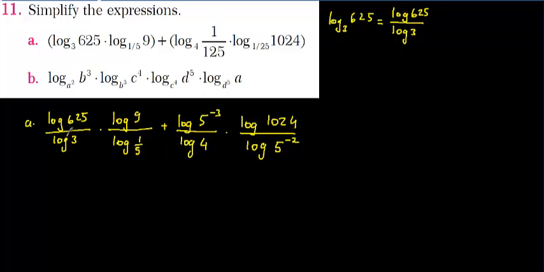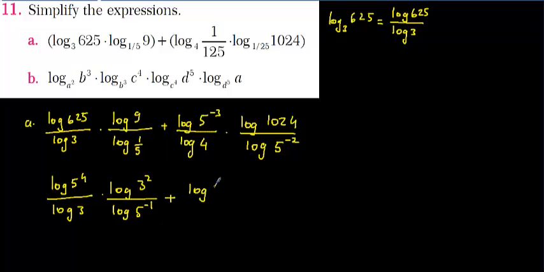If we continue here, 625 I didn't write, but it is equal to 5. Logarithm base 10 of 5 to the power of 4 over logarithm base 3 times logarithm base 3 squared over logarithm base 5 to the power of minus 1, plus logarithm base 10 of 5 to the power of minus 3 over logarithm of 2 to the power of 10.